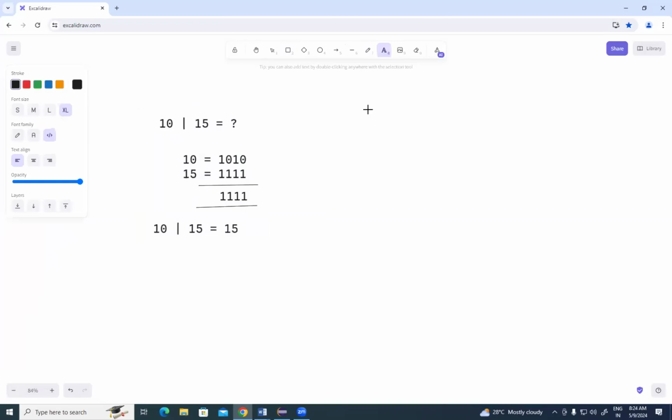Please tell me, similarly, 10 or 18, or okay, say 10 or 20 is equal to how much? Please calculate. Please calculate for 10 or 20. Online people, please calculate 10 or 20.